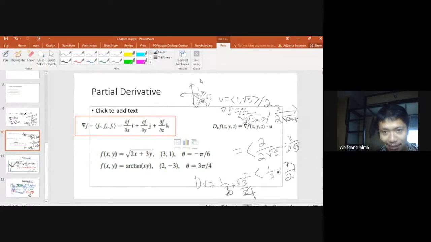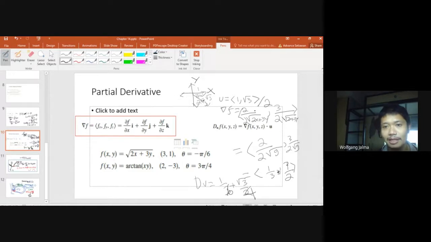Sorry, I should write this: this is x, this is y. So we got this, and as Jekai said, it should be normalized. So 3 plus 1 is 4, square root of 4 is 2.